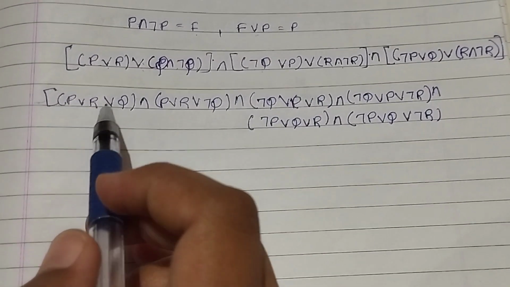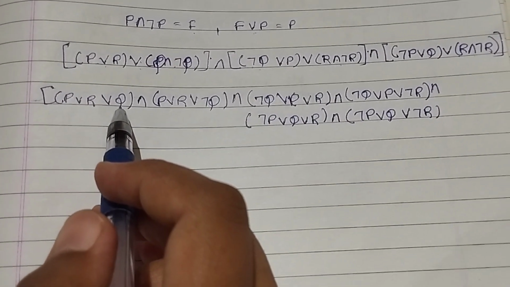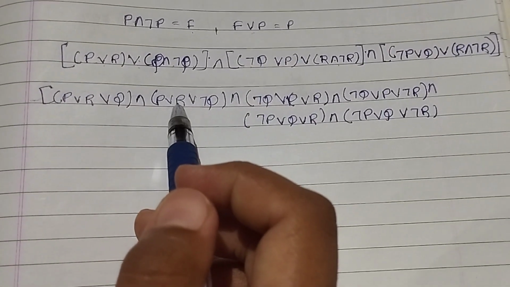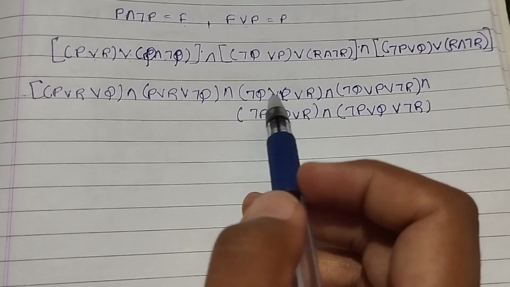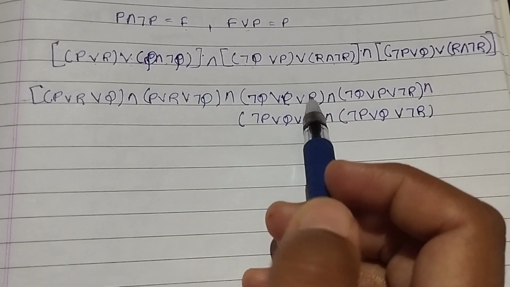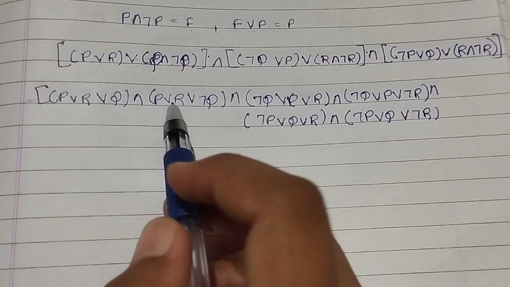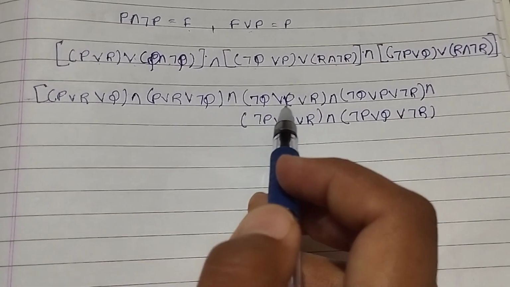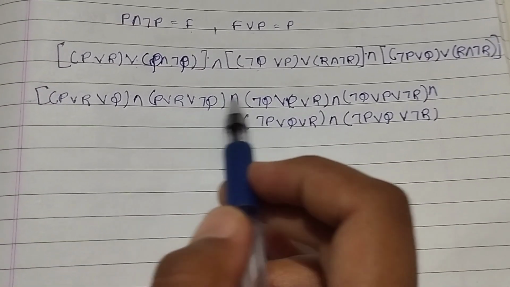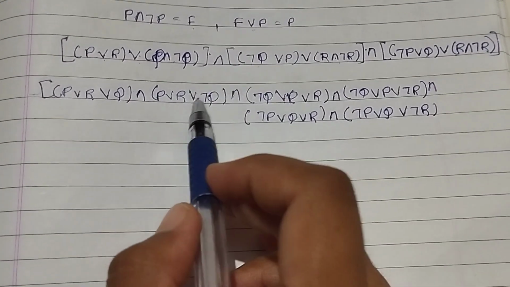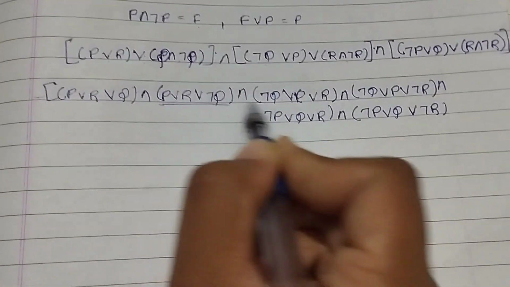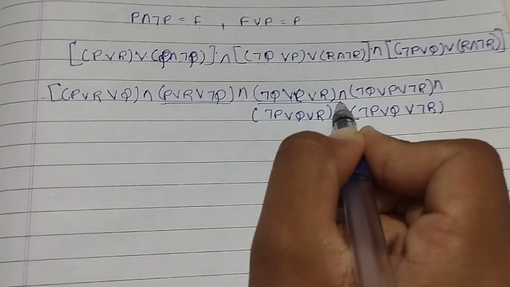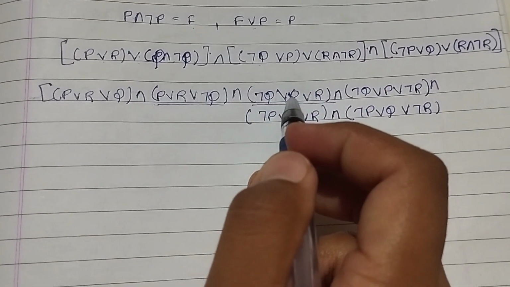So P or Q or R, P or R or negation Q, or P or R. Here see carefully, P or R or negation Q, these two brackets are repeated. This is the repeated bracket.